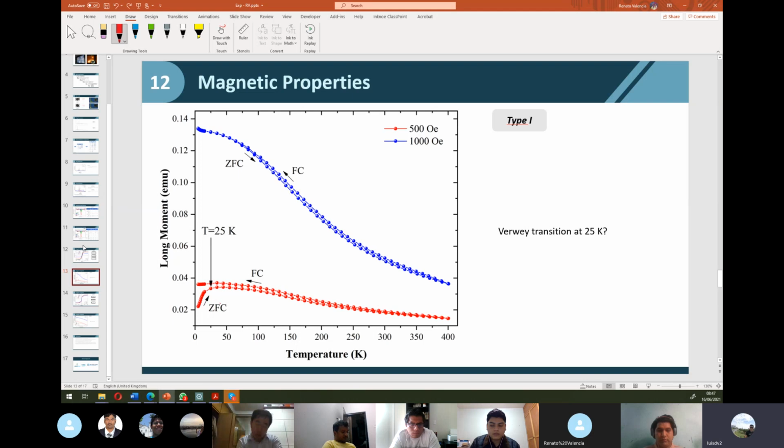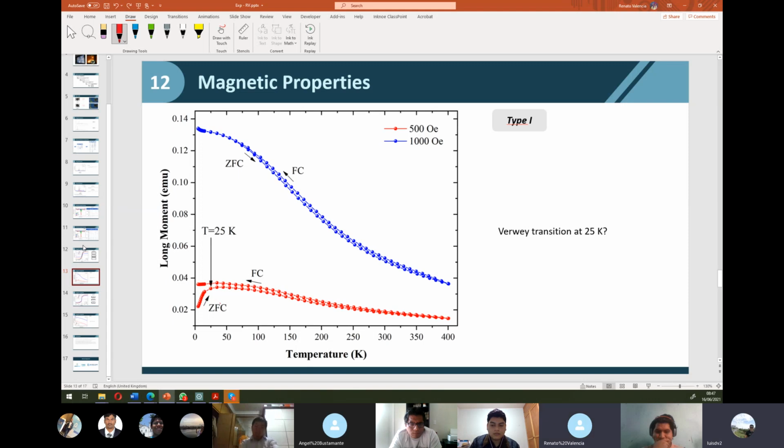At that 500 Oersted, the applied magnetic field is quite strong for the sample, so the other components are strong enough to screen the Verwey transition. Maybe there is not Verwey transition. Quizá no haya transición de Verwey, quizá. You understand? ¿Entiendes?